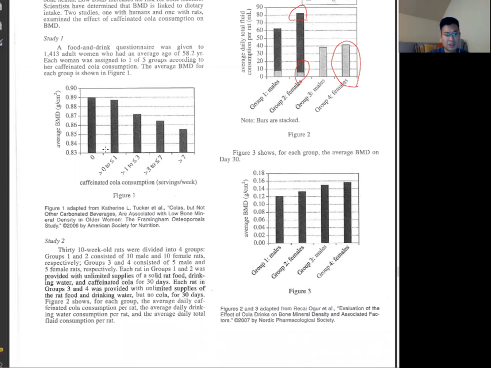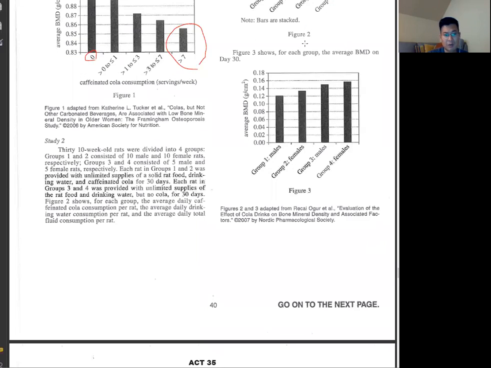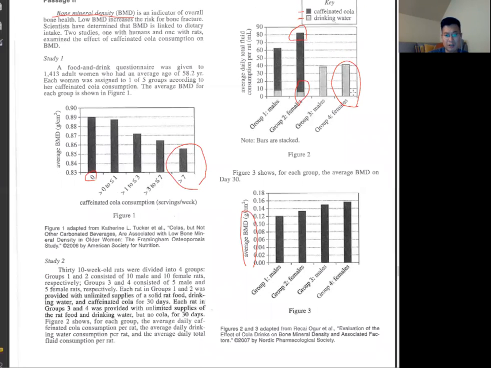In study 1, figure 1, if you don't drink cola, your BMD is higher, and if you drink a lot of cola, then it's lower. Same thing with figure 3: it has average BMD on the y-axis, male and female, and group 4 is the one that only drinks water, and the amount of water drunk in figure 2 is greatest.